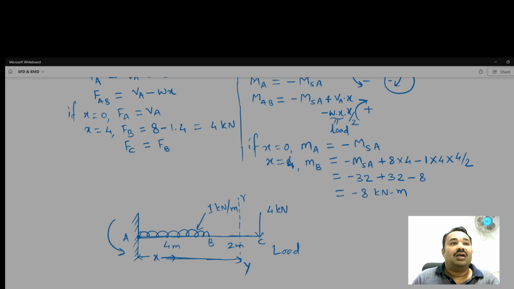Okay, and this is the VA here, this is MSA here, and what about the distance? This load, the UDL is acting at the mid of 4 meters. So means from here, we have to measure, we want this distance. And it is what? It is x minus 2.